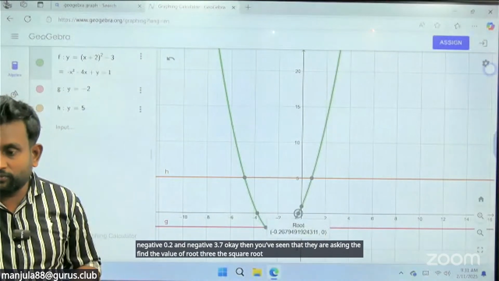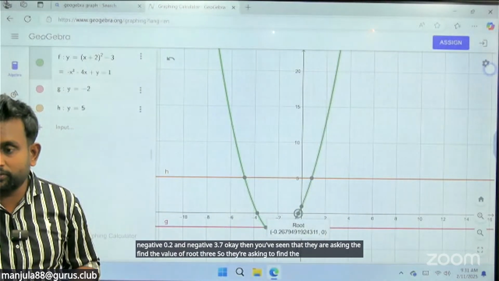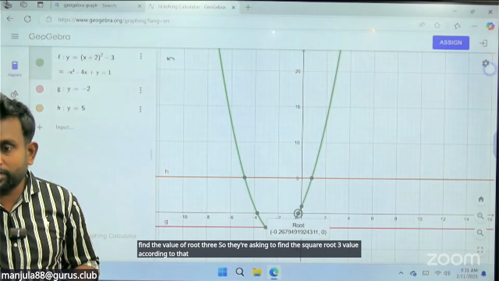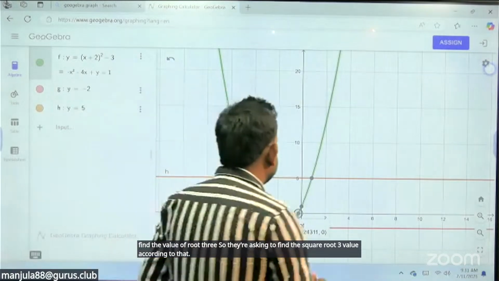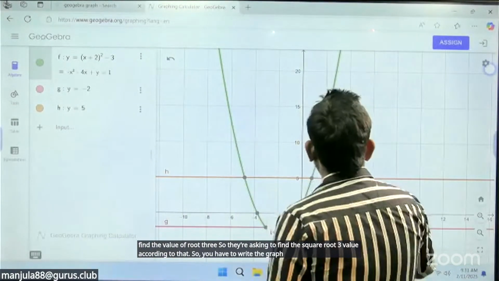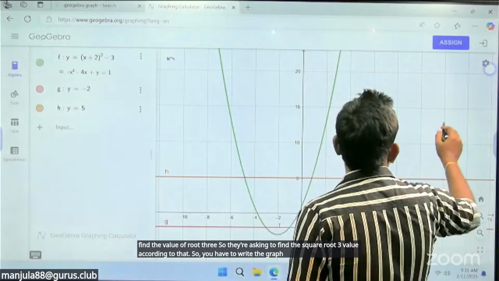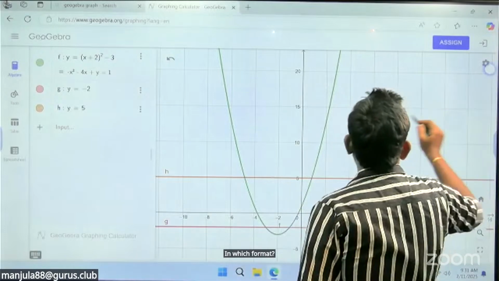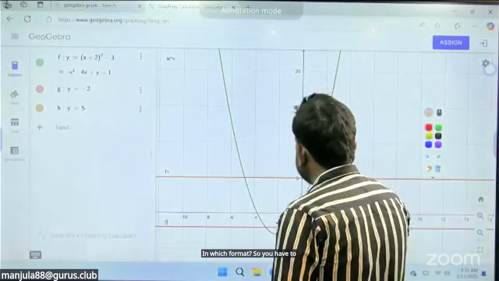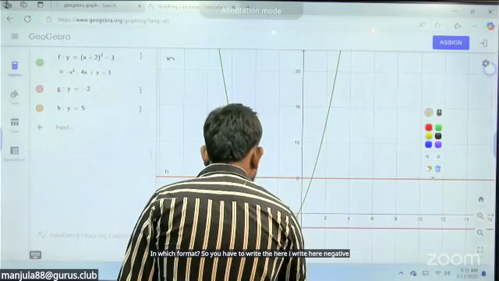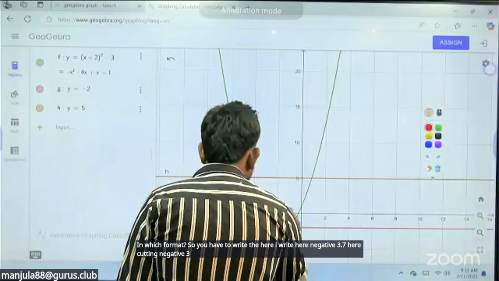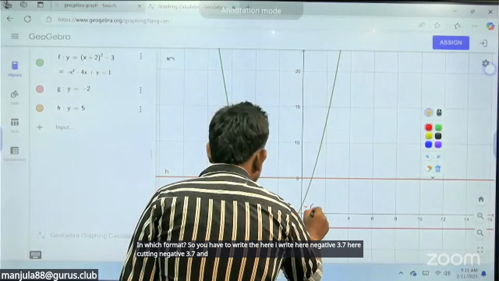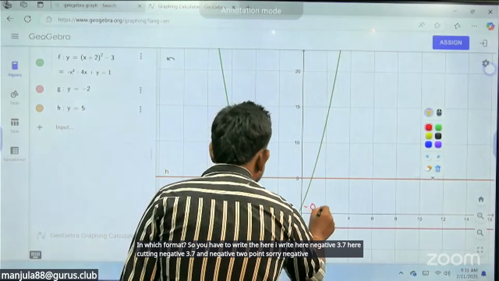They are asking to find the square root 3 value according to that. Let's see how to find square root 3, so those who did not understand can check again. So you have to write the graph in which format. Here I write -3.7, here it cuts at -3.7 and here -0.3.